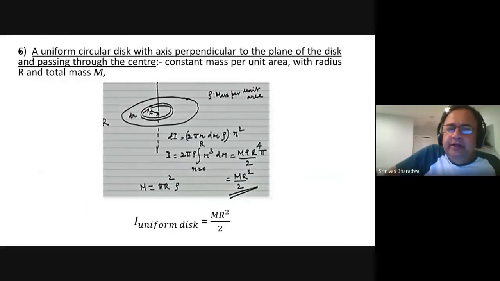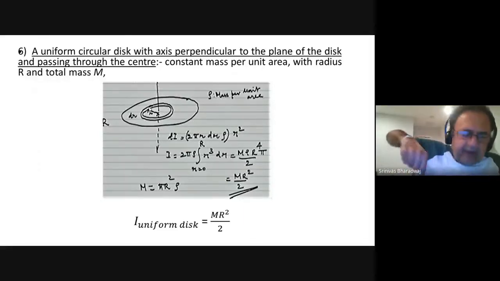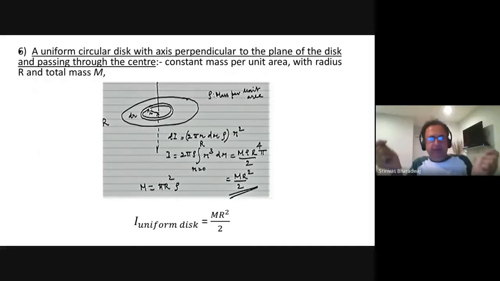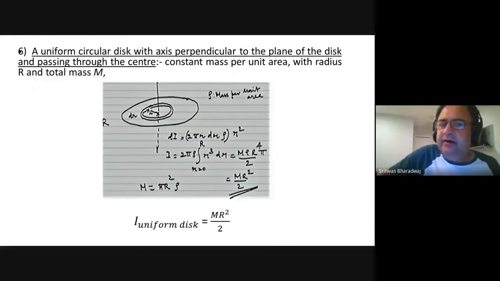So you have dI. What is the dm here? It is 2 pi r times dr. That is the area: 2 pi r is the circumference of the circle, times the thickness dr. If you open it up, it becomes 2 pi r times dr, right?